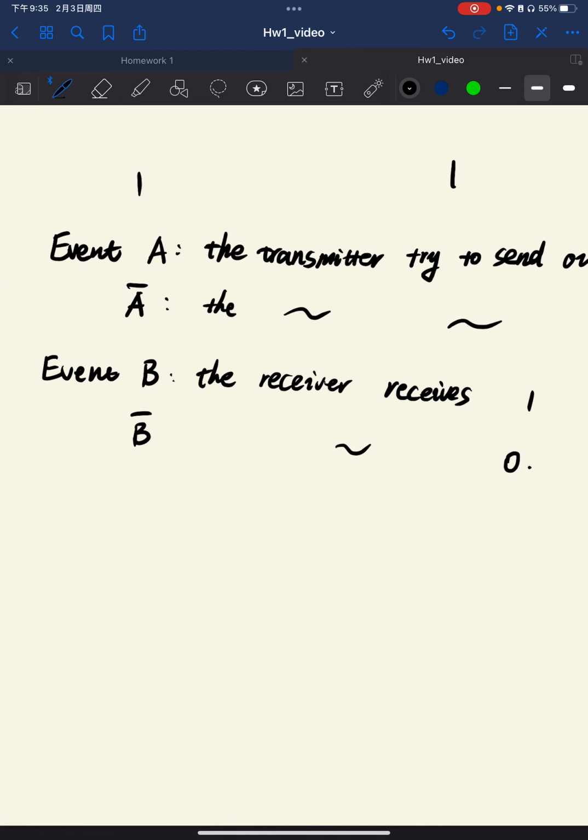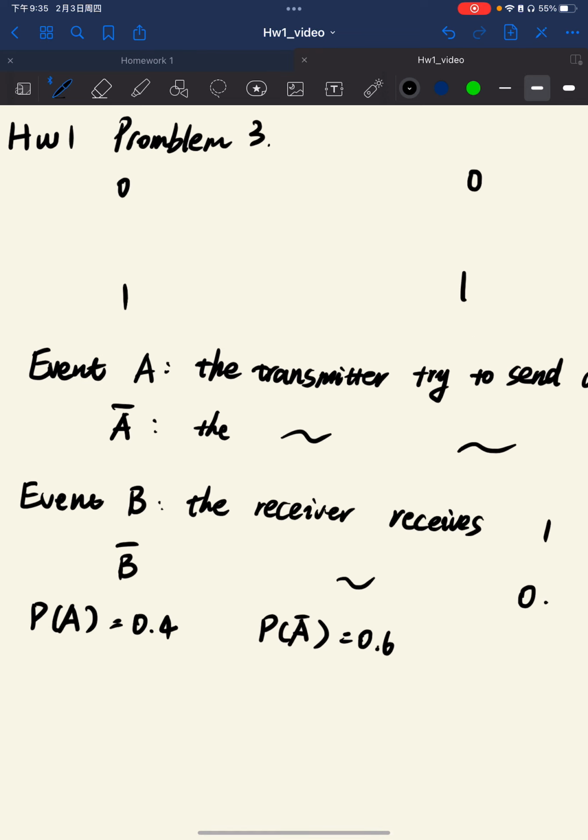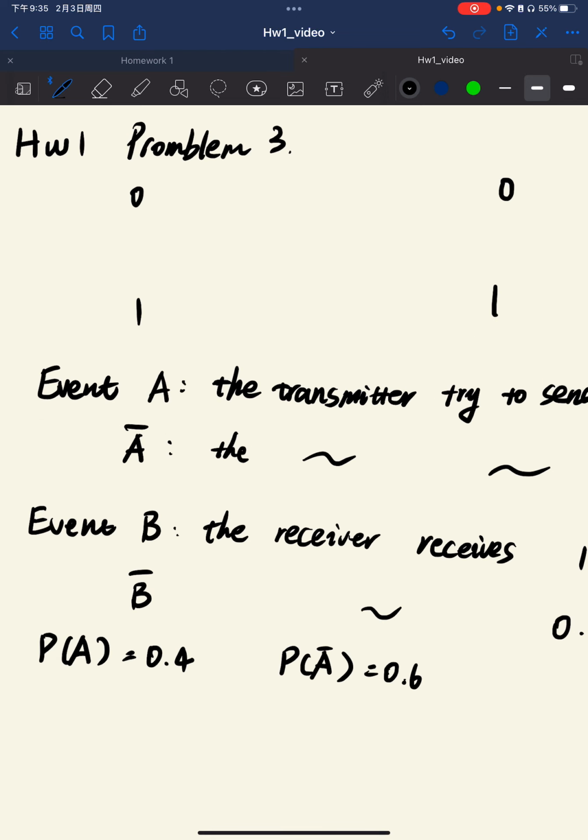But we know that the transmitter sends out 0 with probability 0.6 and 1 with probability 0.4. That means the probability for event A is 0.4, and the probability for event A bar is 0.6. We can mark here 0.6, 0.4.